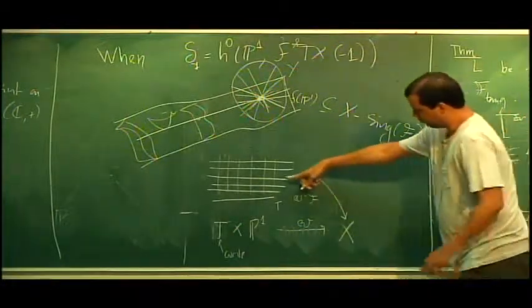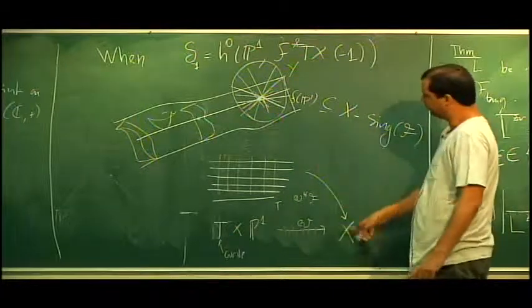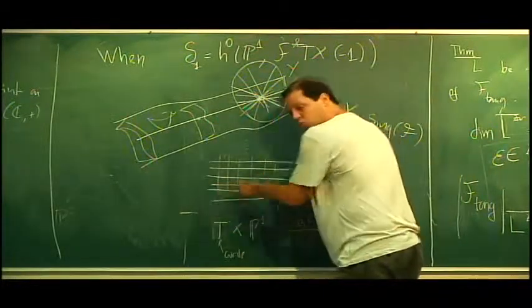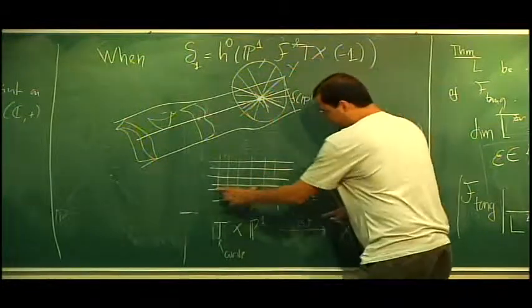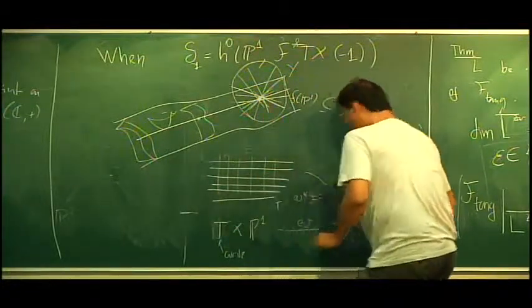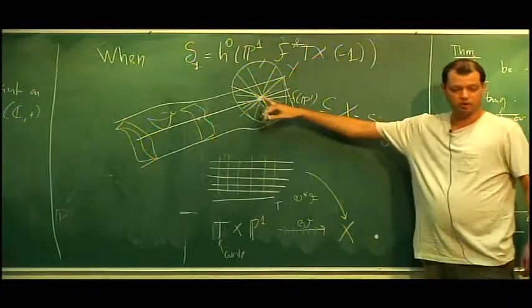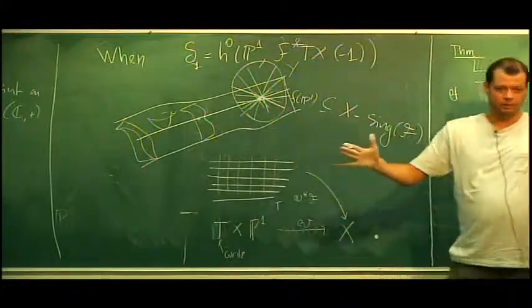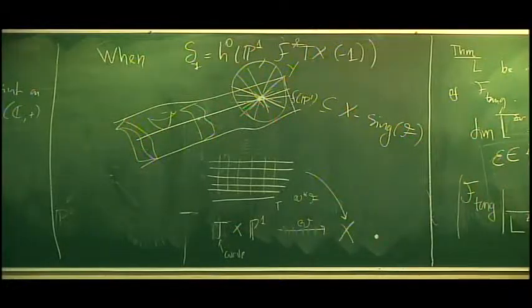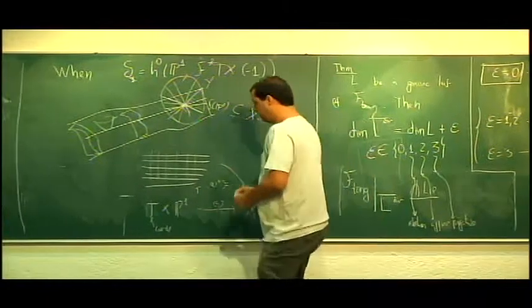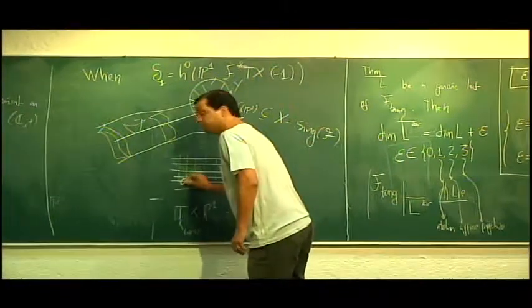But this morphism, since I'm deforming a line fixing a point, has to contract one of these curves. It has to go to a point, because of the construction of the morphism. But we cannot map something of self-intersection 0 to a point by a holomorphic map. This means that there are some indeterminacy points.